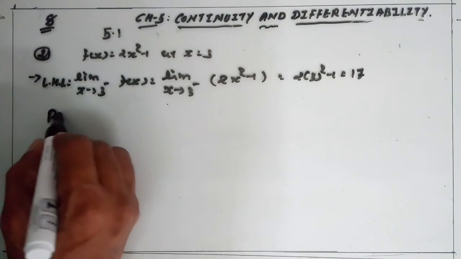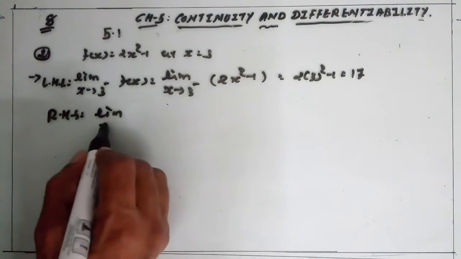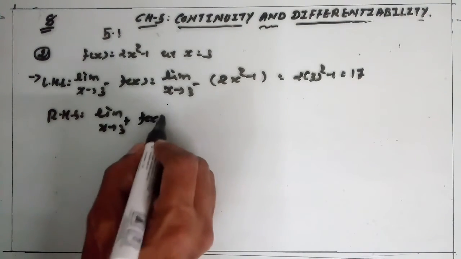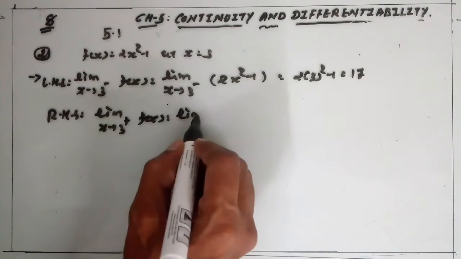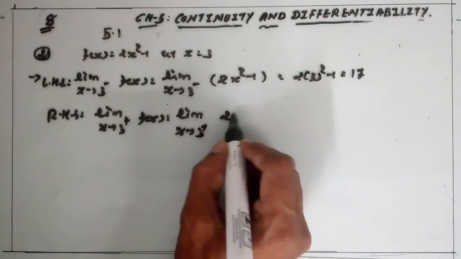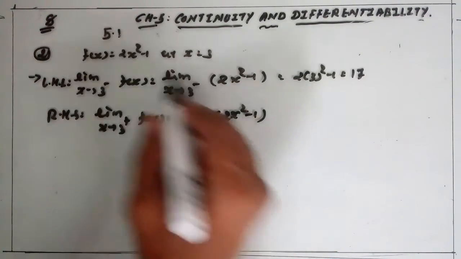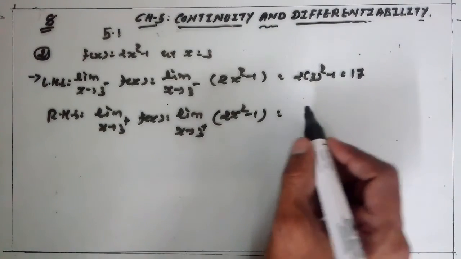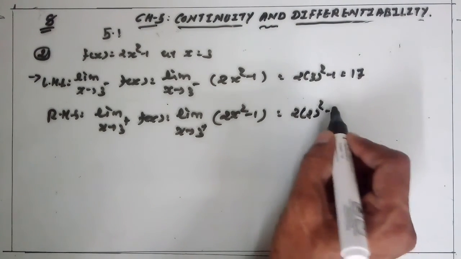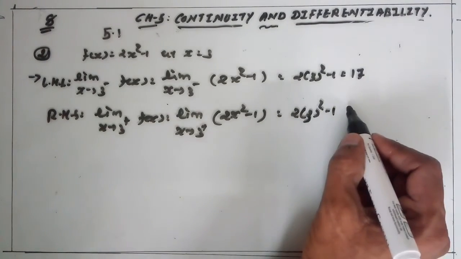And the right hand limit is limit x tends to 3 positive of f(x), with f(x) replaced by 2x² - 1. Clear? So it is also the same, 2 into 3² minus 1.